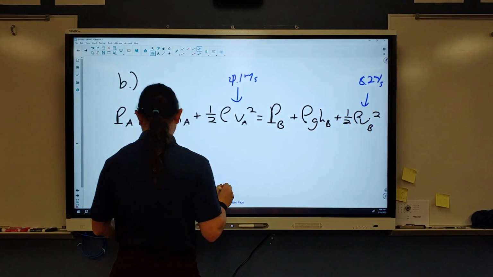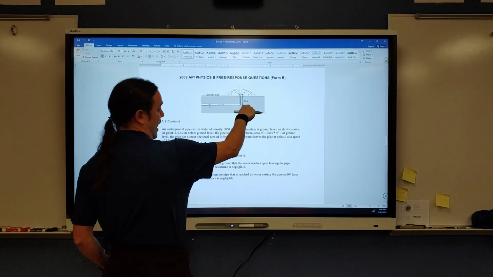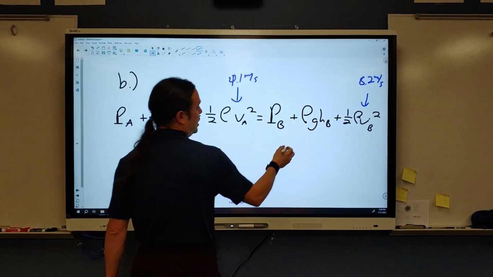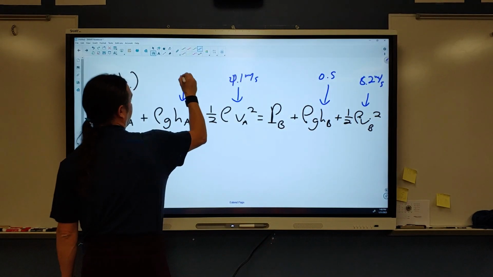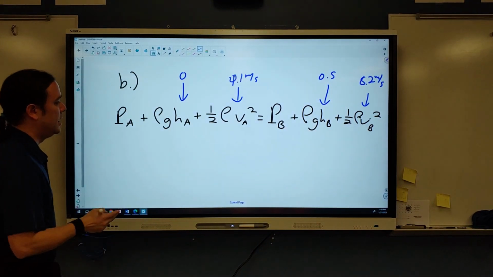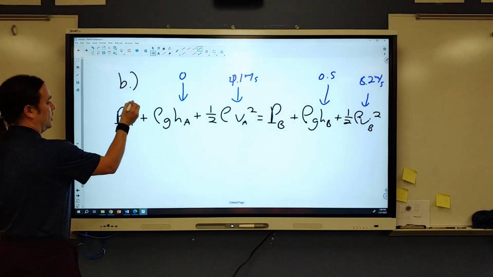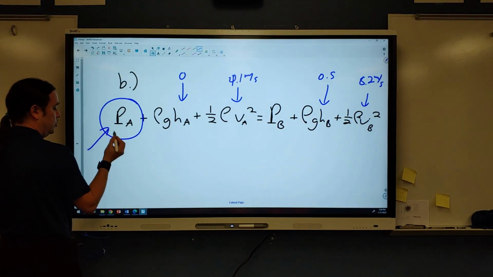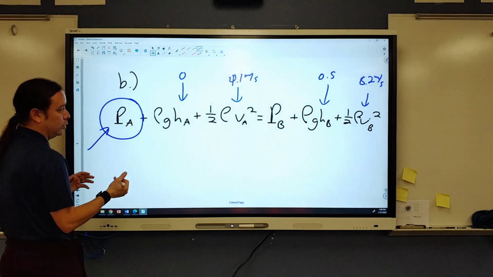Our height at point B, going from a reference point, let's make the lowest point along A zero, so we would put a height of 0.5 here, and a height of 0 for this one. Now, the last thing, and one of the reasons I wanted to talk about this, is what we're actually looking for: our absolute pressure, or our pressure in the pipe at that point.